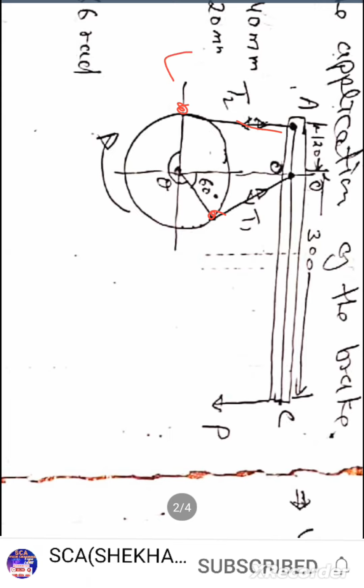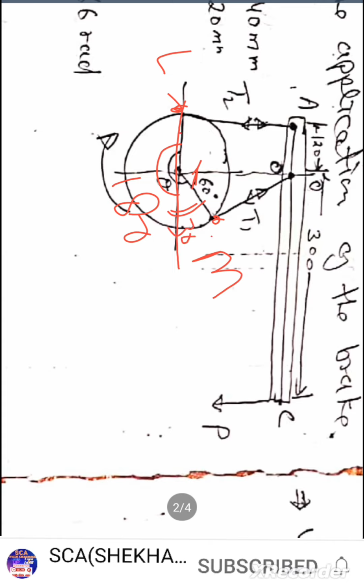So we assume points L and M, and the angle from L to M. This is 180, and this is given as 60 degree, so the remaining portion will be 30 degree.